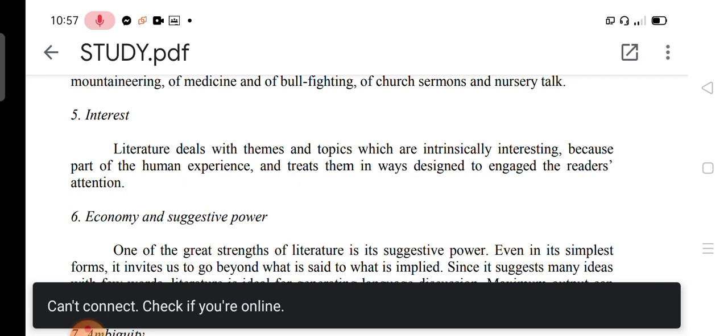No, when we read something, our attention and our involvement and our interest is actually grabbed. Why? Because part of it is part of human experience. That's one thing, and then it treats them in ways designed to engage the reader's attention. Writers, authors of literary work, are trained or they know how to grab the reader's attention.